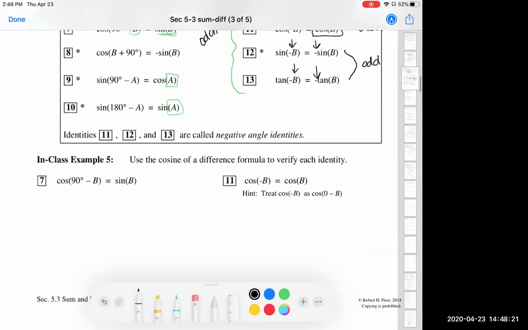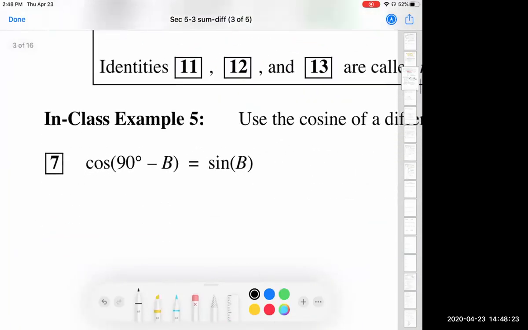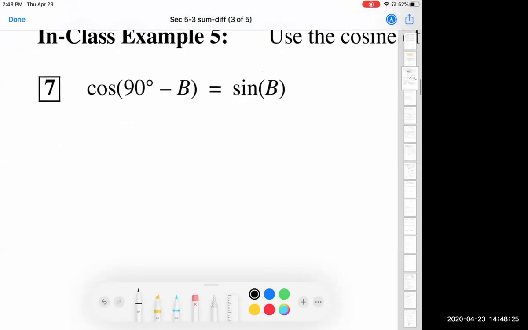So let's do 5 together. In class example 5, let's do the first one. Okay, well, I want to show that the right-hand side equals the left-hand side. Okay, so we can use one of our sum and difference formulas. So we can say something like by difference formula.